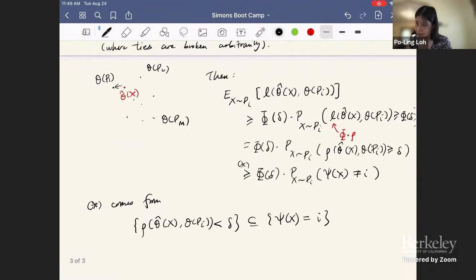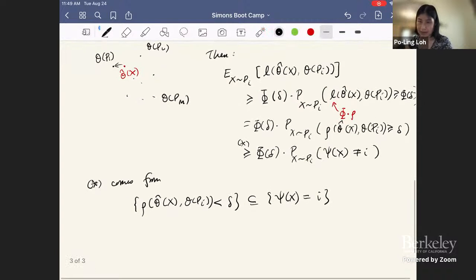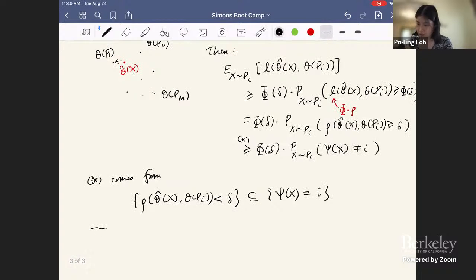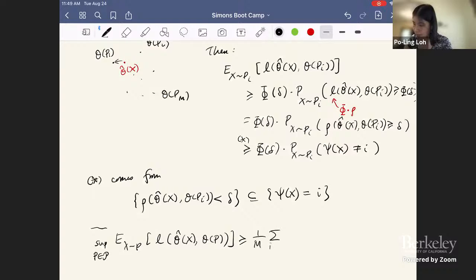Well, our risk had to do with a supremum over all distributions P of this sort of loss. So of course we can lower bound the supremum by an average of several distributions. So now we say that the supremum over P in script P of the expectation, x distributed as P, of L of theta hat of x, theta of P is going to be bigger than or equal to 1 over m times the sum, i goes from 1 to m, of the expectation under x distributed as pi of L of theta hat of x, theta of pi.